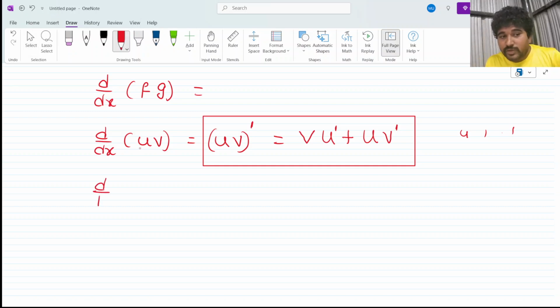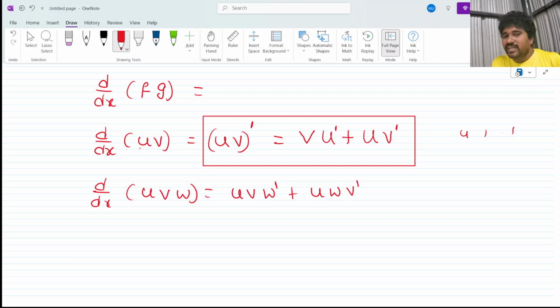Suppose d by dx of uvw. As I said, one function at a time you have to differentiate. So keep uv as it is, w dash, plus keep uw as it is, v dash, and then keep vw as it is, u dash.